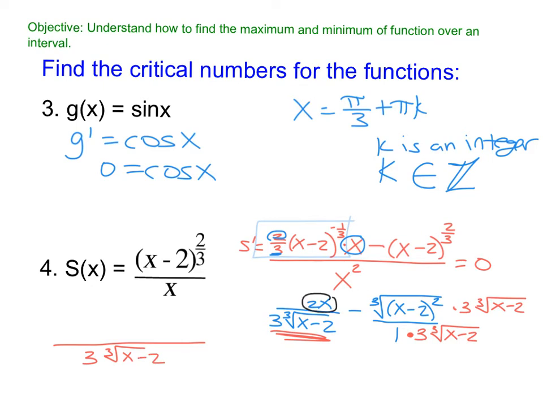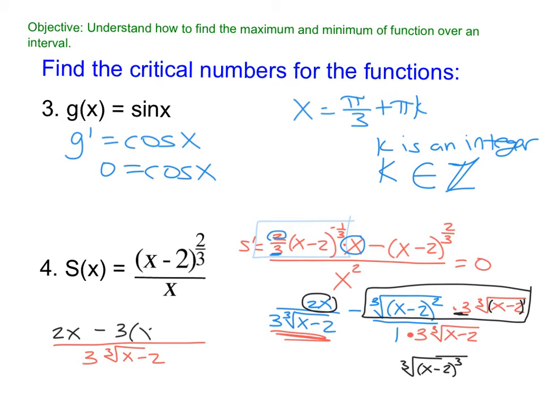I have this 2x minus. Now, what do I get when I multiply these guys together? Well, this is to the first, so what we end up getting is the cubed root of x minus 2 to the third. Those are inverses, they cancel out. So we just get 3 times x minus 2. So when we did that, the cubed root ended up going away. This is x minus 2 to the 3 over 3, which is just 1.